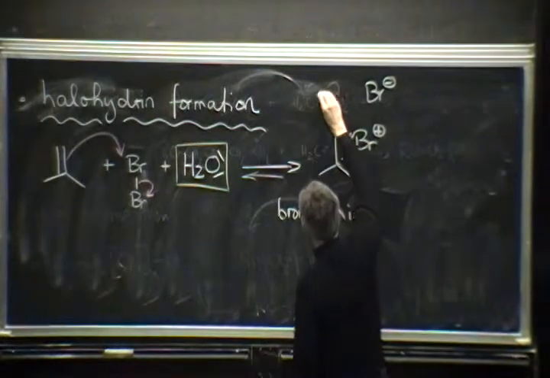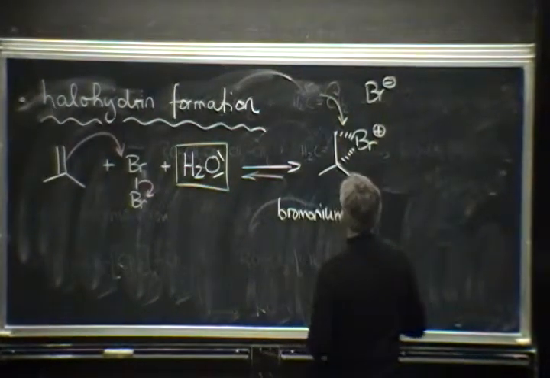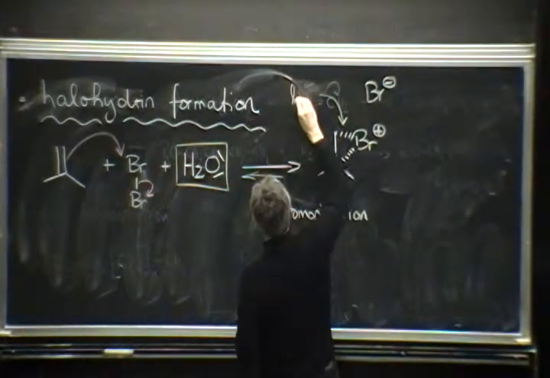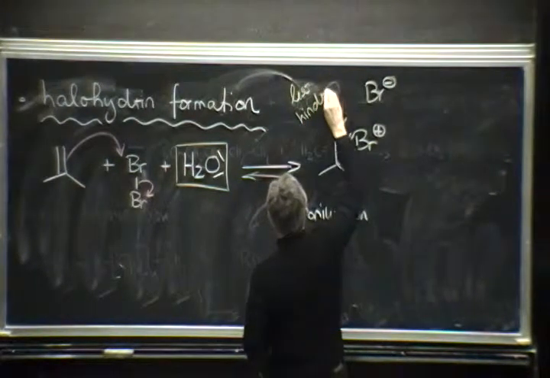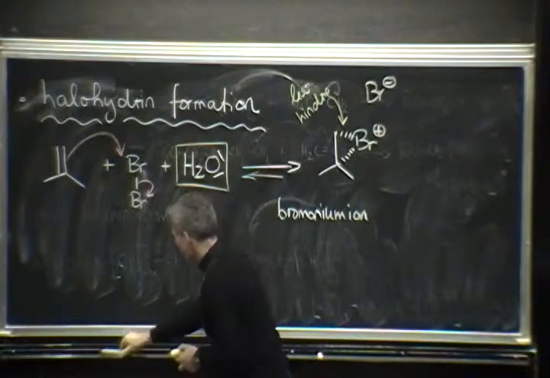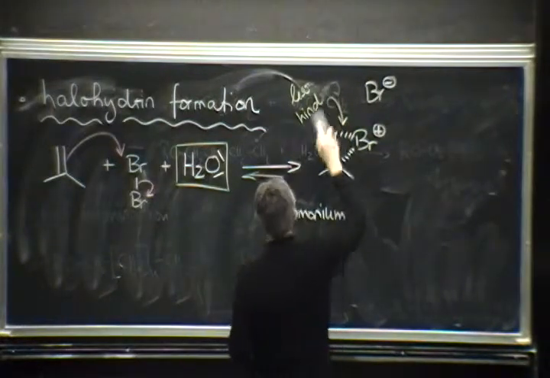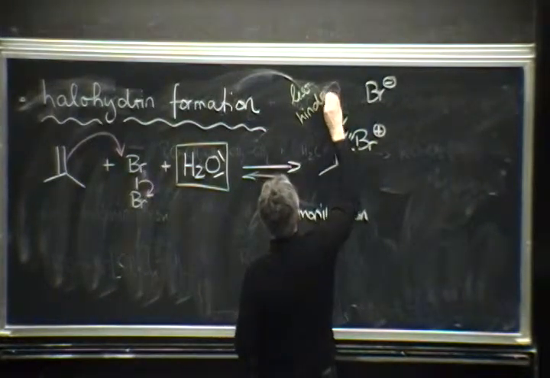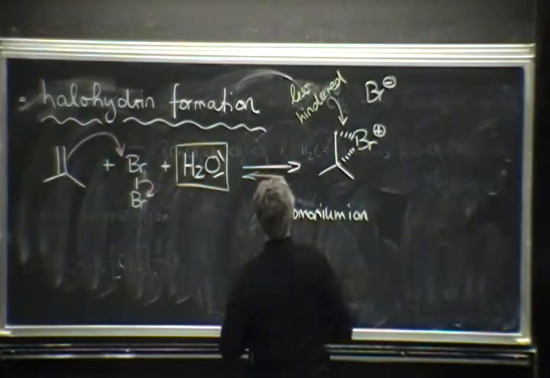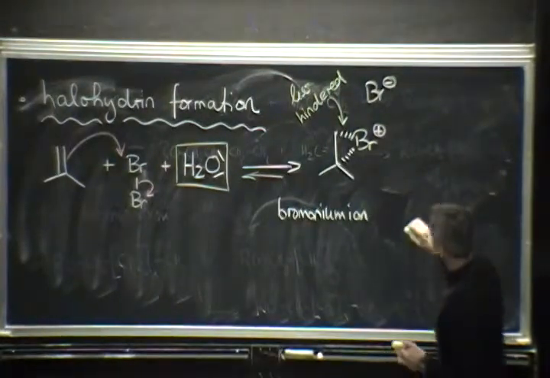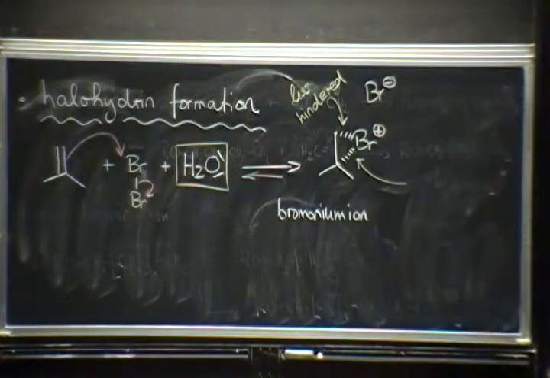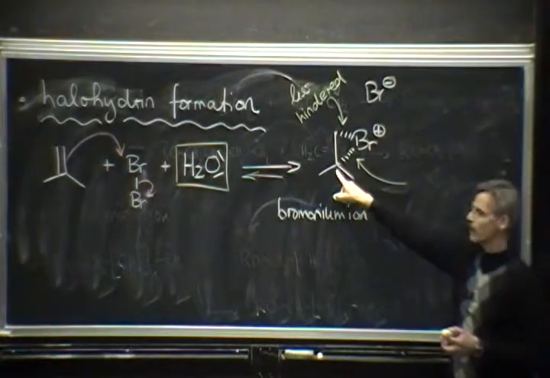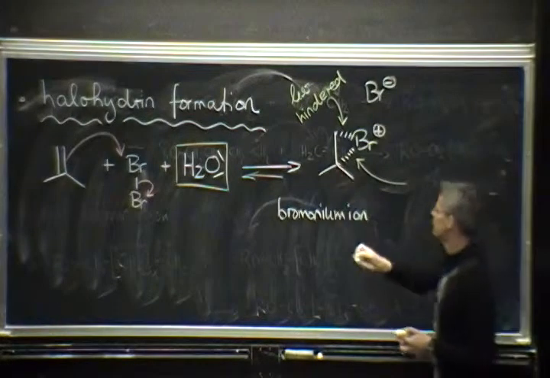So we have one carbon-halogen bond that is less hindered. And this bond is actually weaker because we have more of the tertiary carbocation.